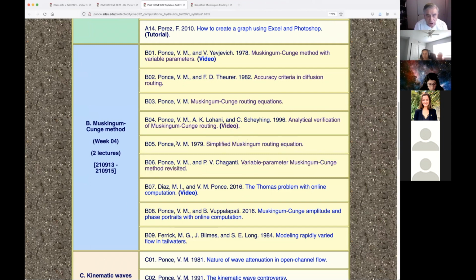I'm going to first be talking about BO5, the Simplified Muskingum routing equation. This is an invention that we came up with at about that time in the late 70s. It's kind of nice. It's playing around with the numbers. I receive, every once in a while, some good comments on this method.